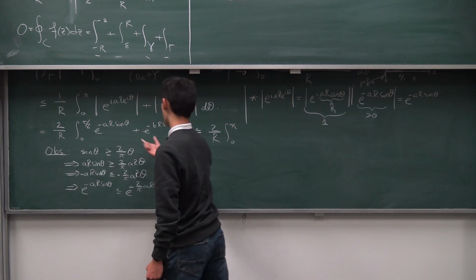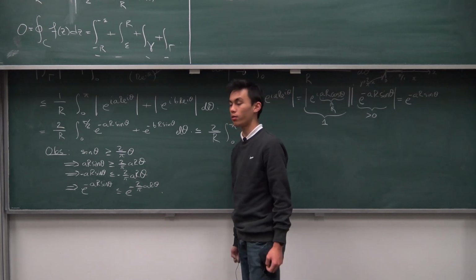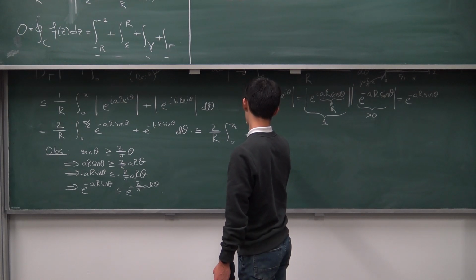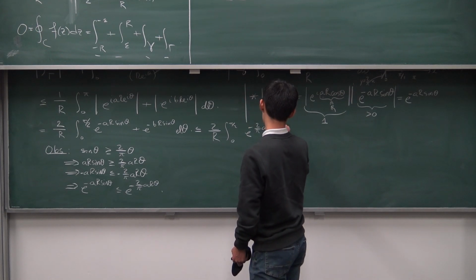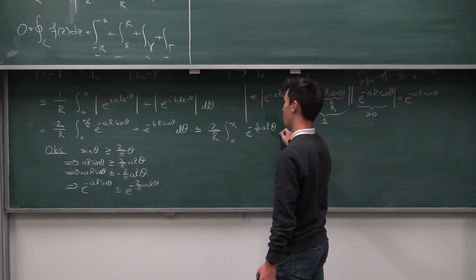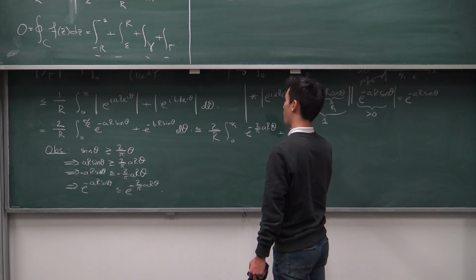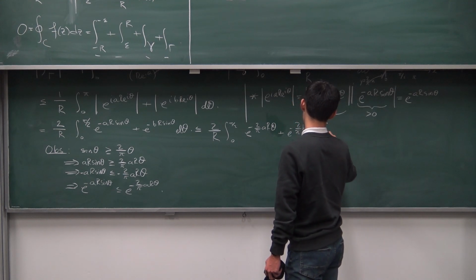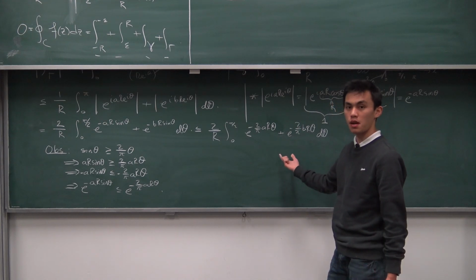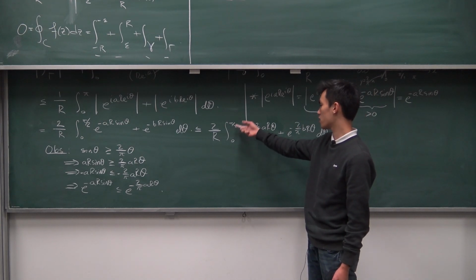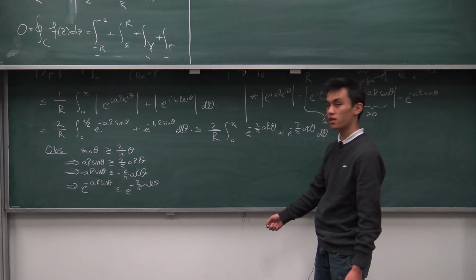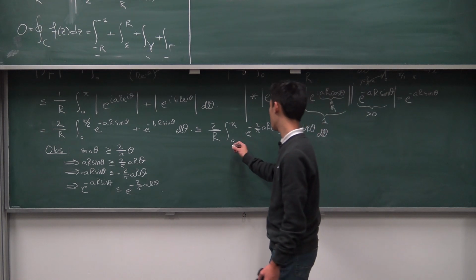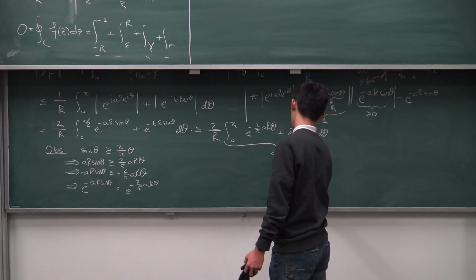And then instead of these exponential terms over here, you just write this one, e to the minus 2 over pi times a r theta, and then plus e to the minus 2 over pi times b r theta, d theta. These are exponential functions, and they are bounded on the interval 0 to pi over 2. So it's Riemann integrable, and it's going to produce some finite number. So this thing is less than infinity.